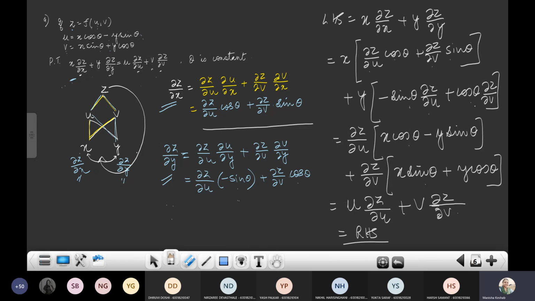Okay. So we'll do some more problems on this. The second order is also there. एक काम करते हैं, we'll do the second order at the end.